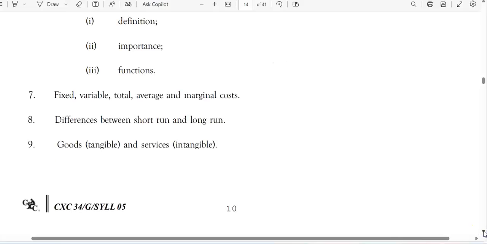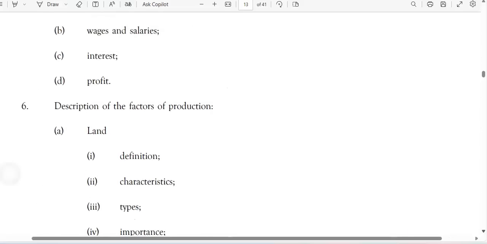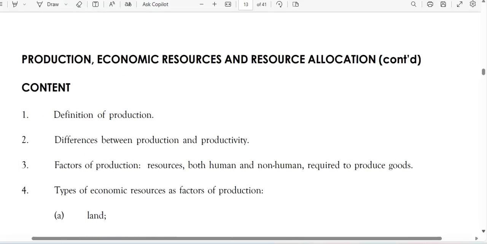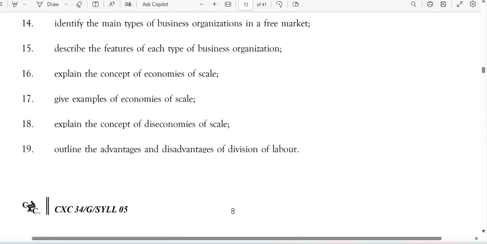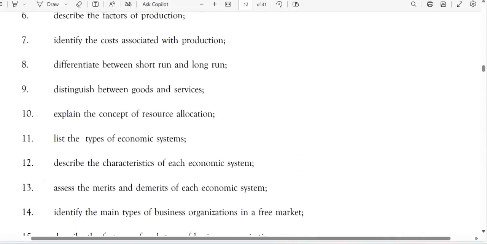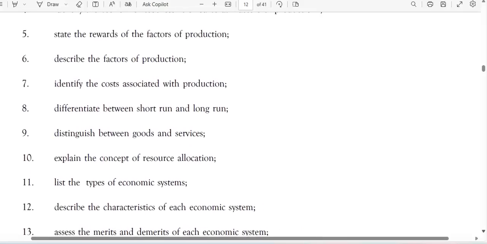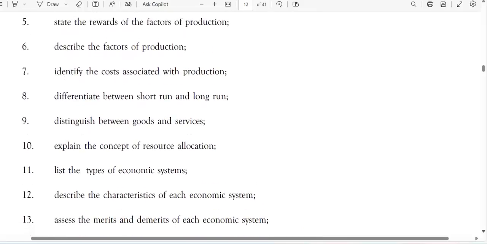Now we're going to look at fixed, variable, total, average, and marginal costs. So the objective says: identify the cost associated with production.